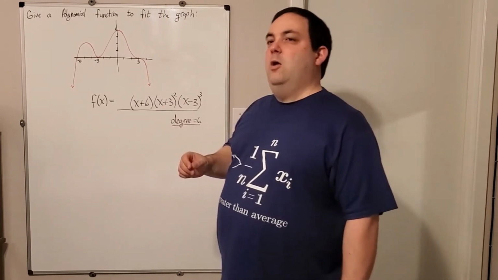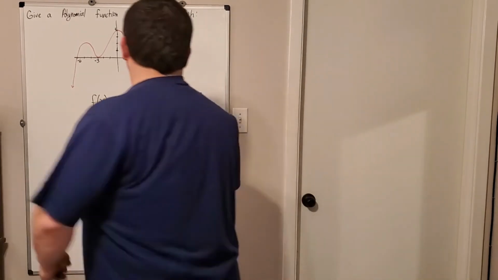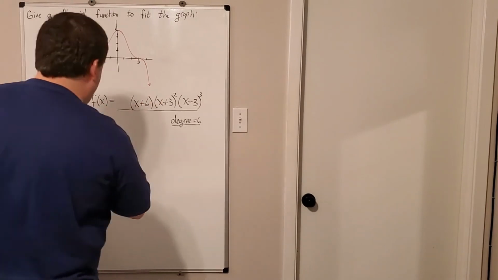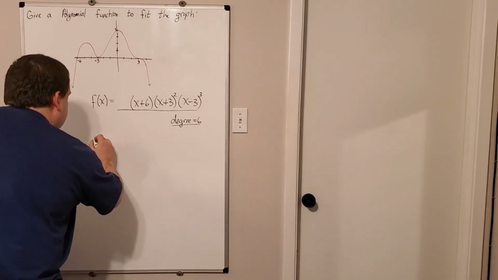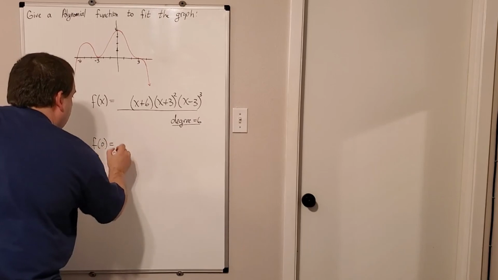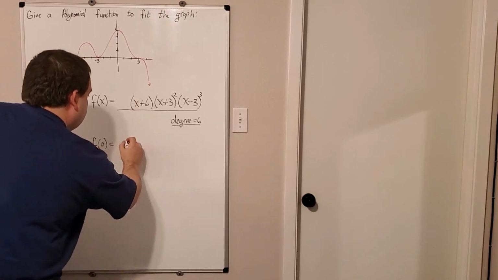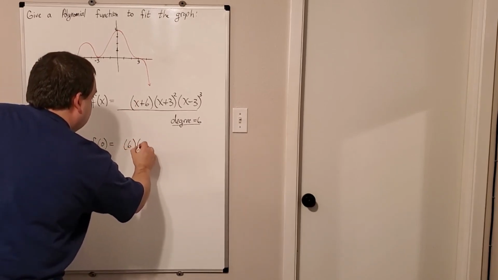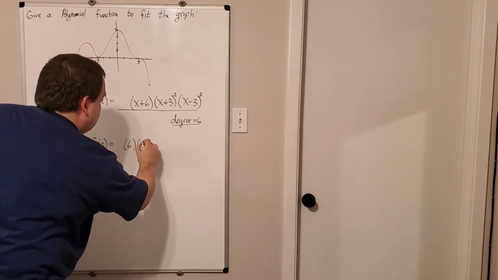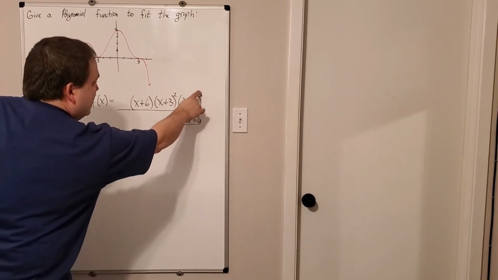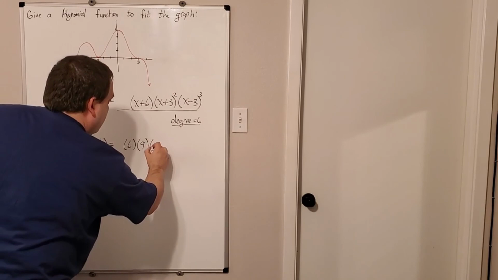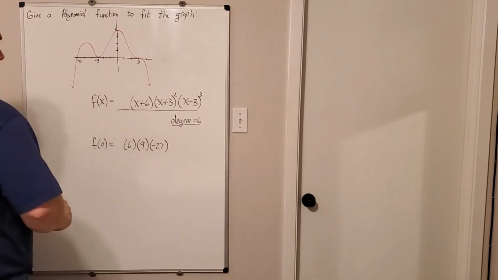So right now, if you were to plug in 0 for x, f of 0 here, I would have 6 times 3 squared, which is 9, times -3 to the 3rd, which is -27. Okay?